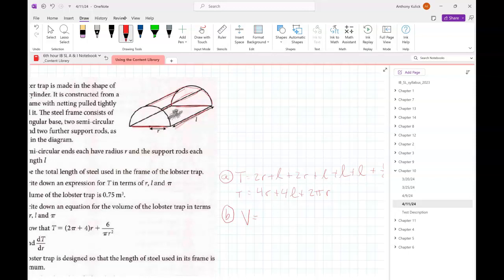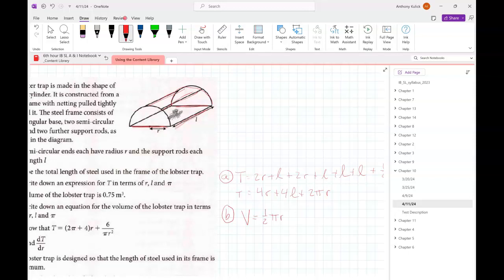Okay. Volume. So what's the volume of a cylinder? What's that formula? Pi r squared times H, yeah, we usually call it H, but that's fine. But here we don't have a full cylinder, right? How much of a cylinder do we have? Half.